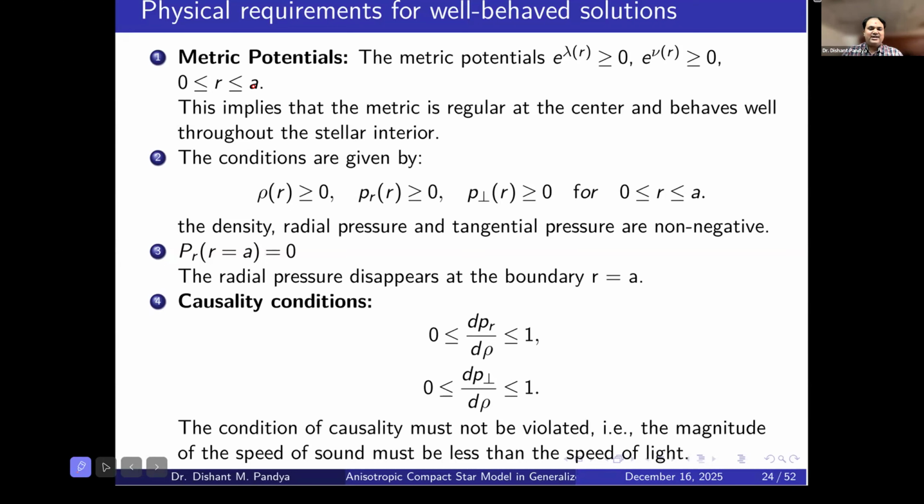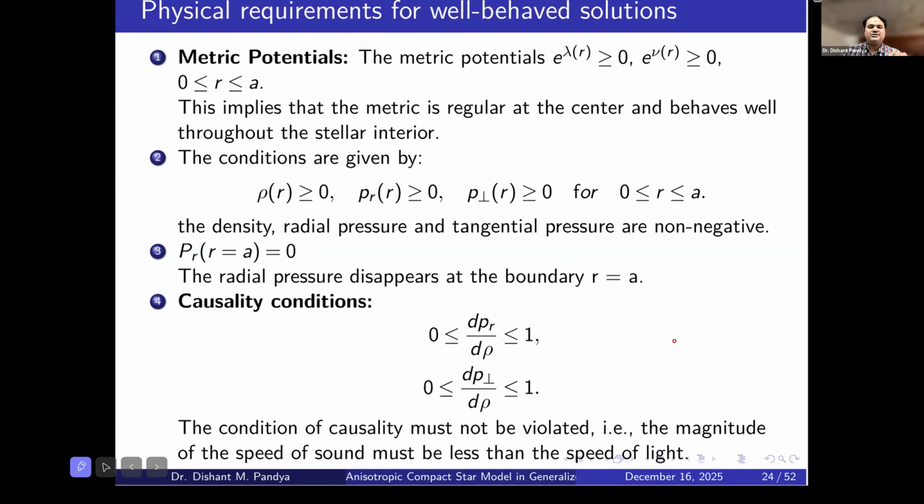The second one is your density, radial pressure, and transverse pressure. Whatever expressions we have found should be non-negative throughout the range 0 to a. So density, radial pressure, and tangential pressure should be non-negative as well. The third condition is that the radial pressure should be 0 at the boundary.